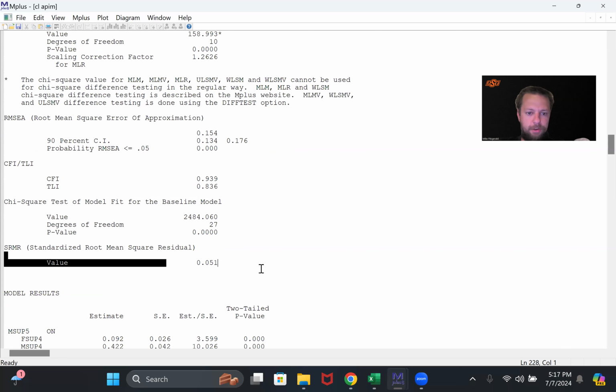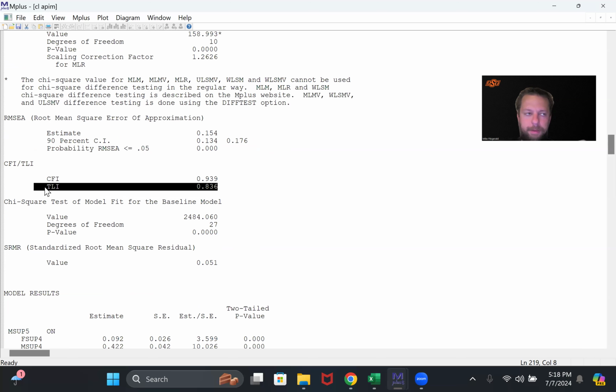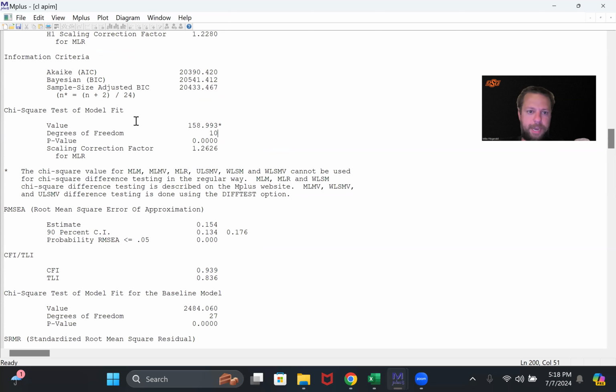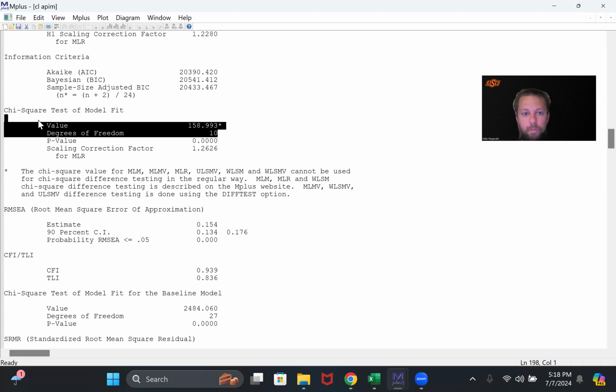And SRMR, again, went down quite a bit, but still, RMSEA, just nope. TLI tends to be way more persnickety than CFI in my experience. It's not saying things are good, and the chi-square is still really bad.